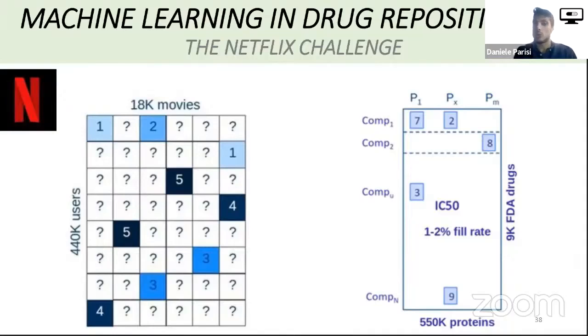First of all, they changed the way of rating from a specific number to different categories from 1 to 5. And we did the same thing for the biological activity that we tried to predict in the drug target interaction. We changed it from a concentration, which can be a continuous number, to 5 different categories.